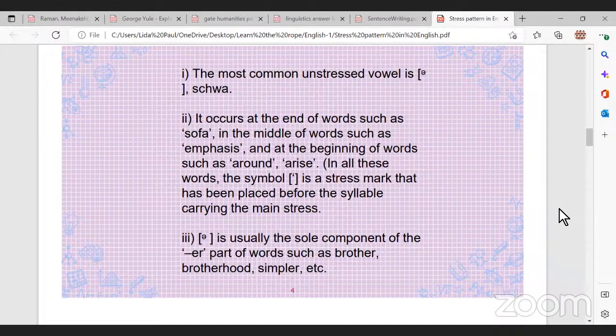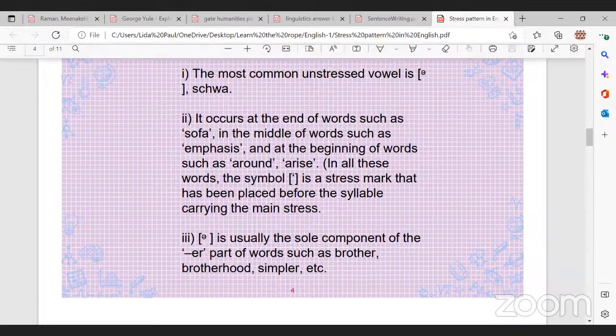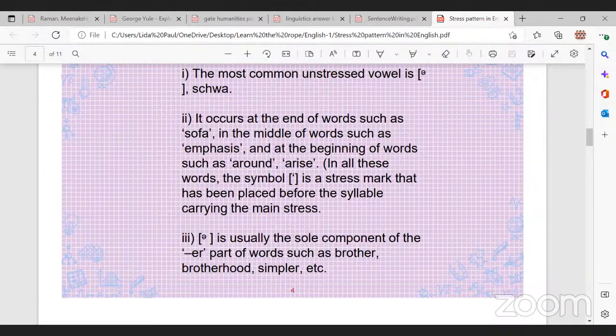So all of these words have the schwa in them, right? Then you will also find it's the sole component of the ER part of words, like teacher, brother. The last R sound that you see in all these words is not very pronounced.